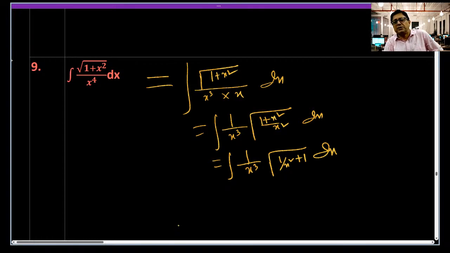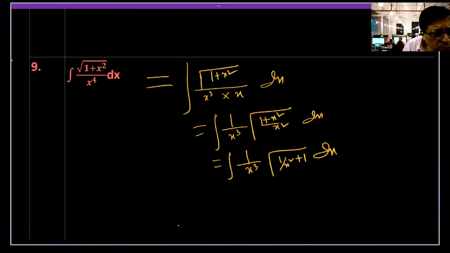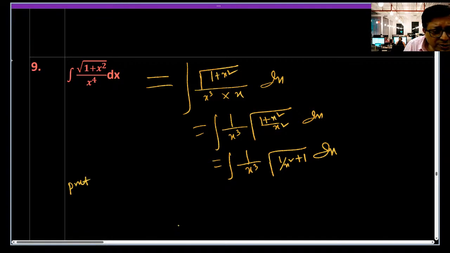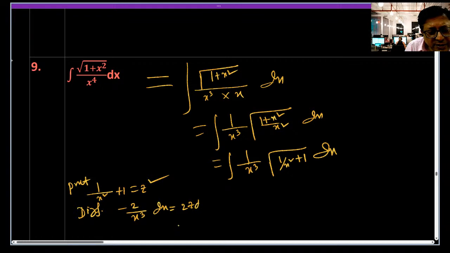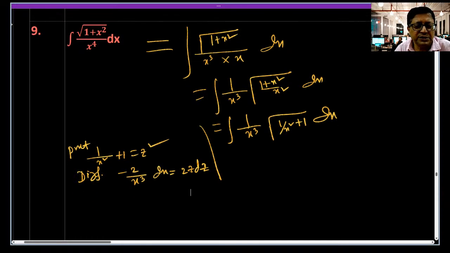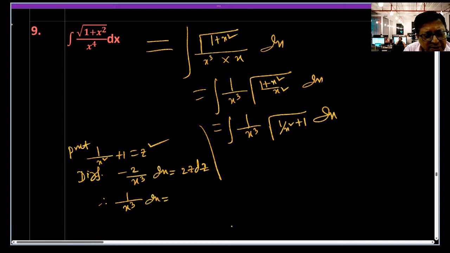Now you make a substitution. This kind of form you have seen before. Put, what you are going to put? Put 1 by x square plus 1 equal to z square. So differentiating, minus 2 by x cube dx equal to 2z dz. Okay? So 1 by x cube dx is minus z dz.